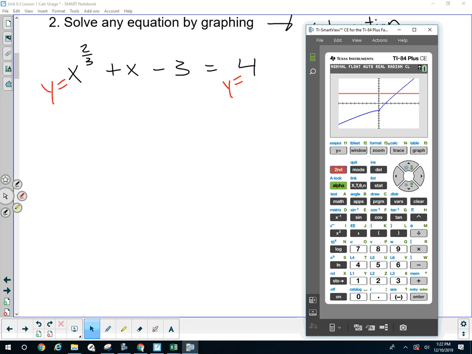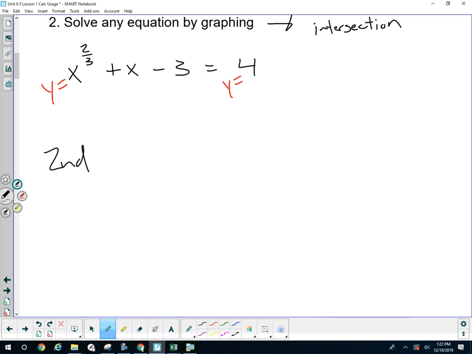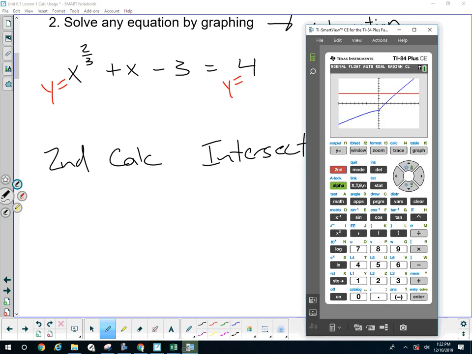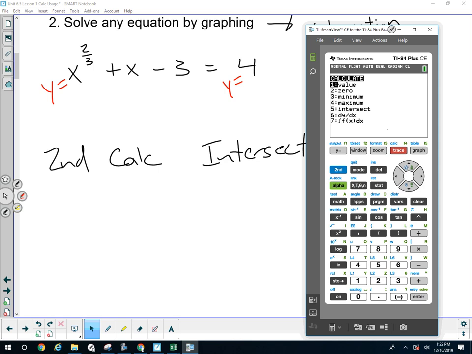If I find my intersection, now some of you might forget how to find intersections. Again, we go back to second calc, but then we find the intersect button. Second calc. Intersect is 5.